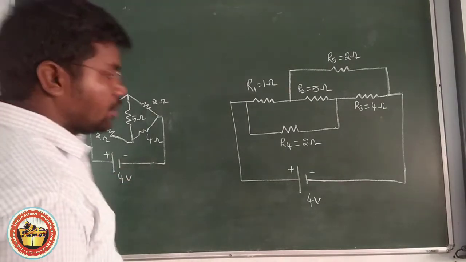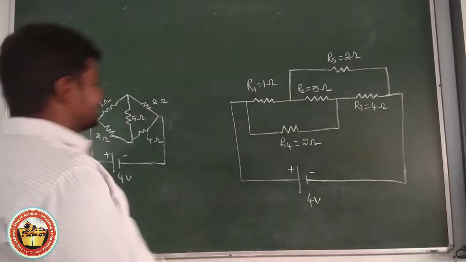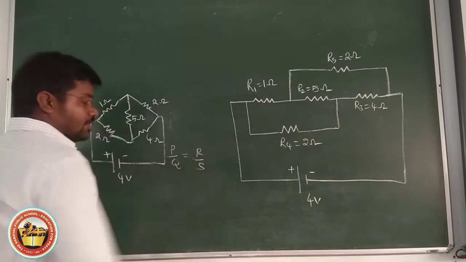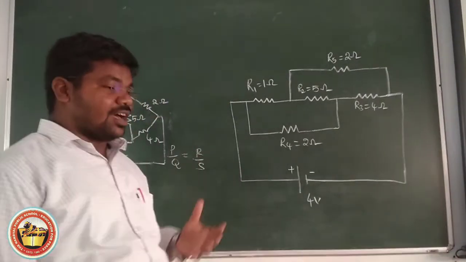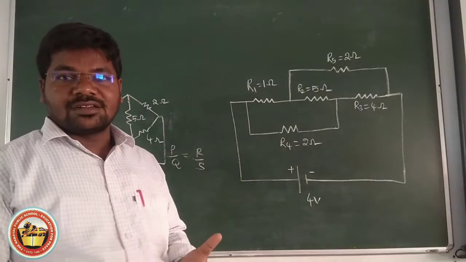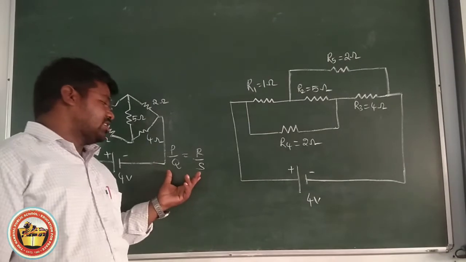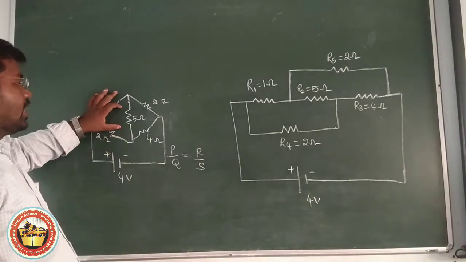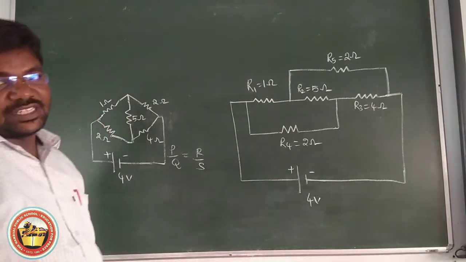According to the Wheatstone bridge principle, P by Q is equal to R by S. If the ratios of the resistors are of the same order, we can remove the 5 ohm resistance.